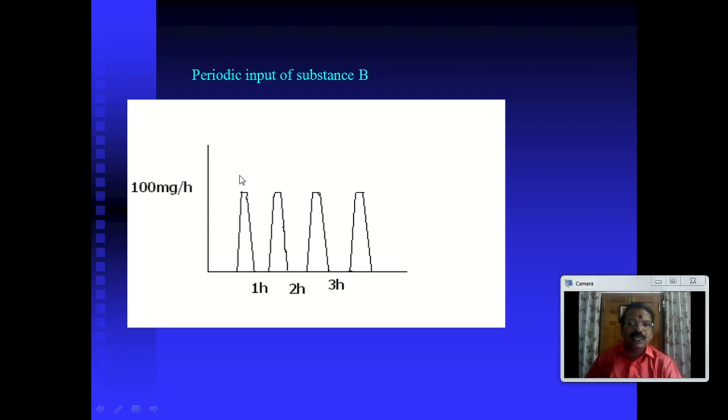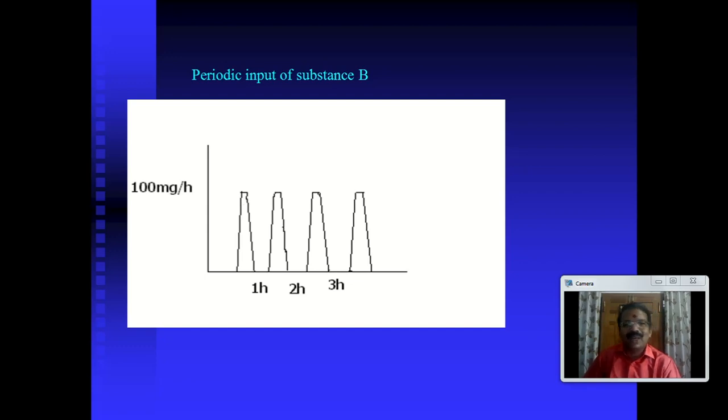That means, just like A, it is not continuously entering the network for a time period of 0 to 4.9. Here B enters the tank periodically in each hour, not in the beginning. B enters tank number 2 at the last quarter of each hour.